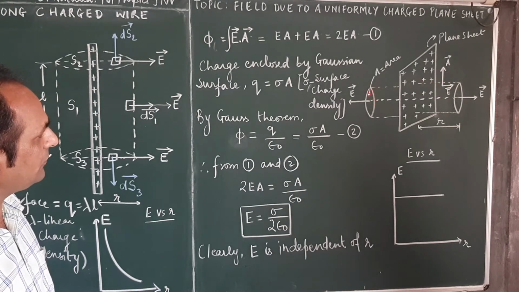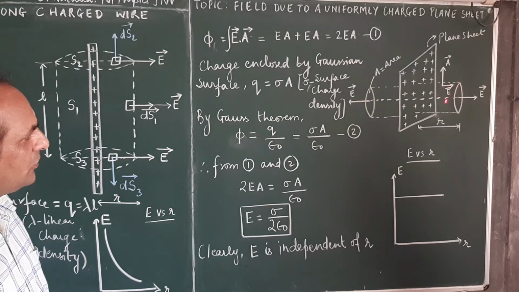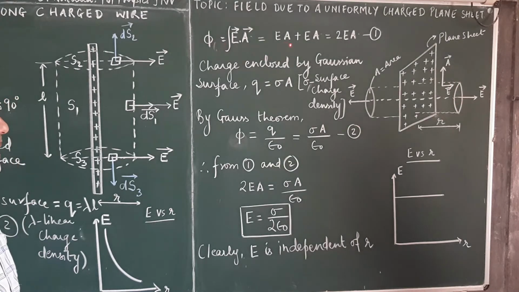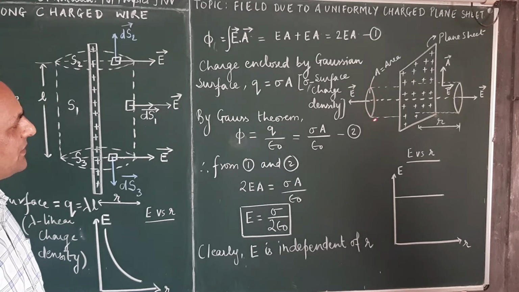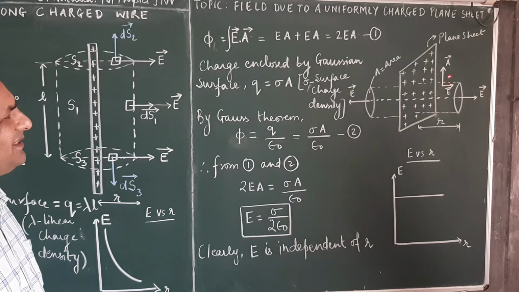So we are left with this circular area, and here also we are having a circular area. So now the total flux due to this plane sheet would be the flux through this surface plus the flux through this surface, because the flux through this curved surface would come as 0.